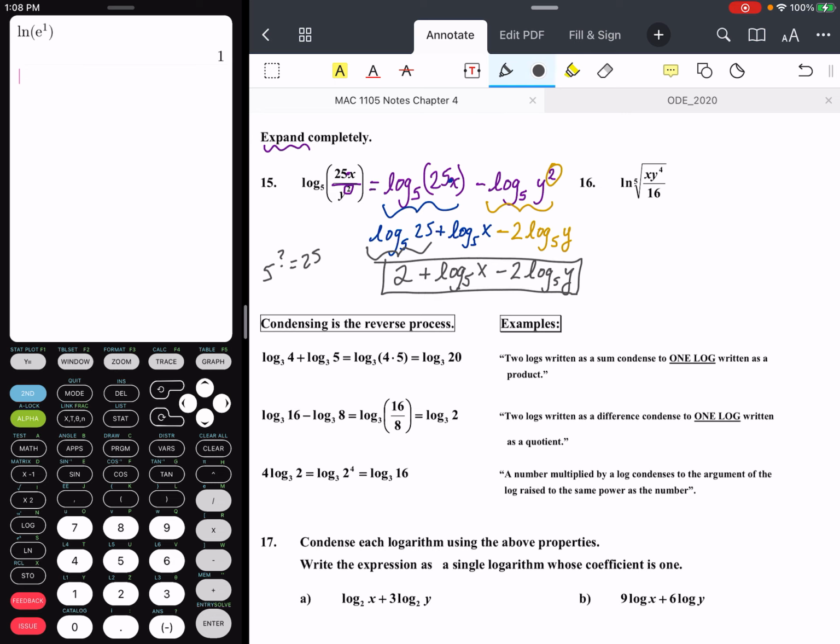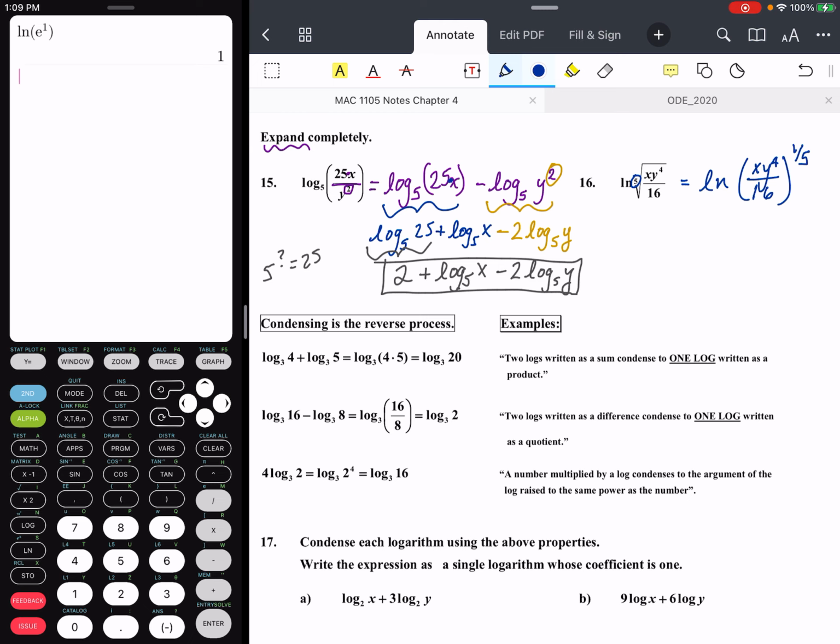All right, number 16. Natural log of the 5th root of x, y to the 4th divided by 16. Lots of stuff going on. But the first thing I want to deal with is I'm going to change that 5th root to a rational exponent. So natural log of my base, x, y to the 4th divided by 16, I'm going to raise that to the power 1/5. So 5th root, exponent 1/5.